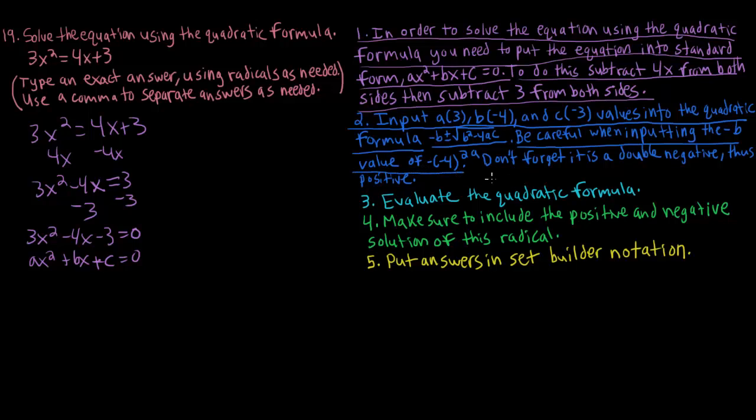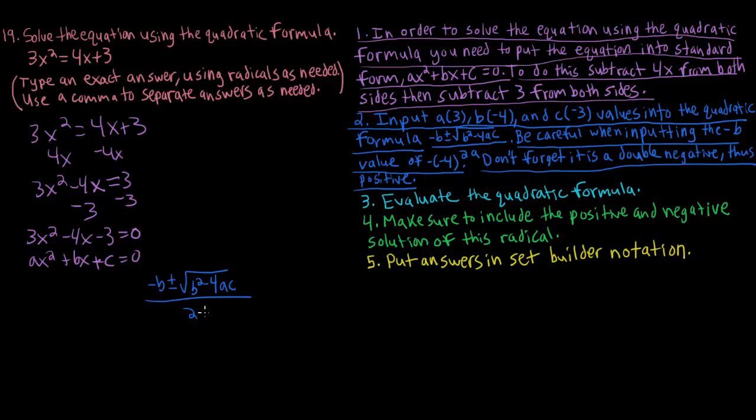So don't forget, since this is a double negative, the result is positive. So we have to input this into the quadratic formula, which is minus b plus or minus the square root of b squared minus 4ac, and all of that is over 2a.